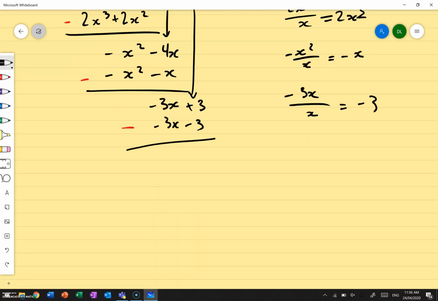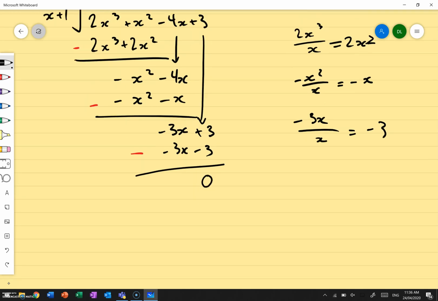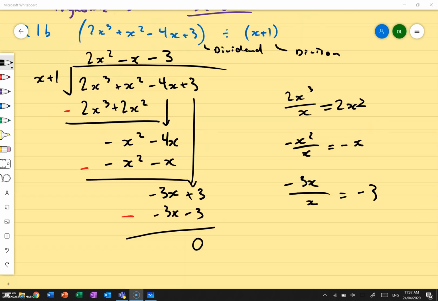Negative 3x minus negative 3x gives me 0. And 3 minus minus 3 gives me 6. And because we know 3 minus minus 3 is 6, I get a remainder of 6.